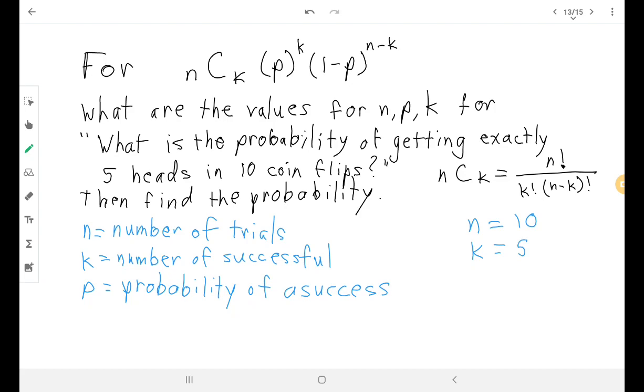So K is 5. And what is the probability of success? Well, what's the probability of getting heads on a coin flip? As long as the coin is fair, it's not weighted to land on one particular side or another, that probability is 50%, or 0.5, or 1/2, 1 out of 2.